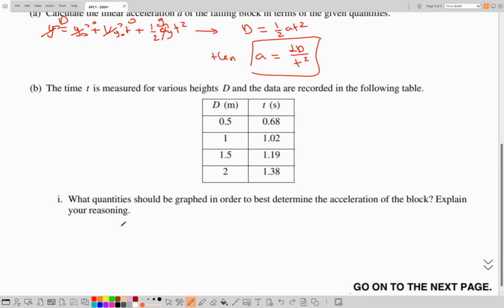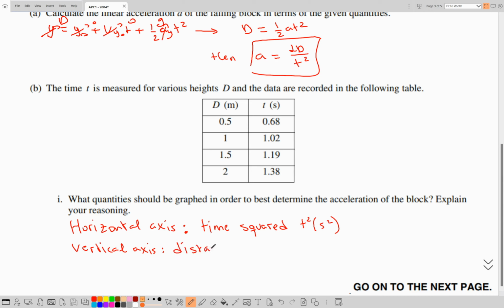So let me say along the horizontal axis we will plot the time squared, which is basically t square, and its unit would be second square, and on the vertical axis we will plot the distance d given in meters.